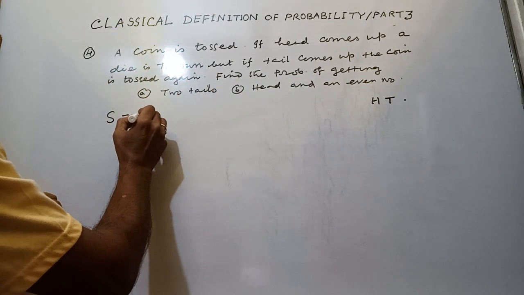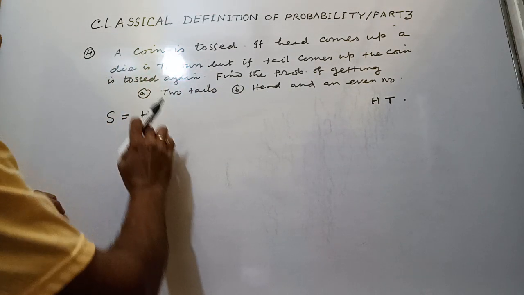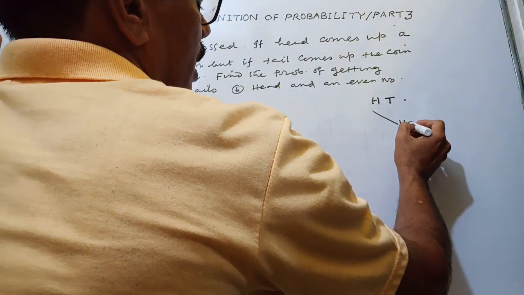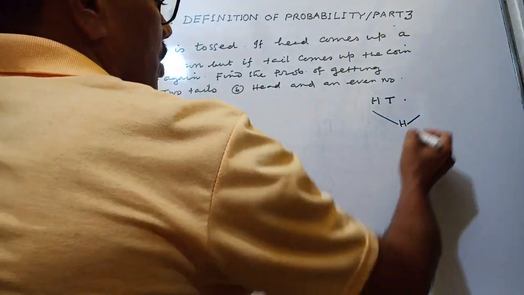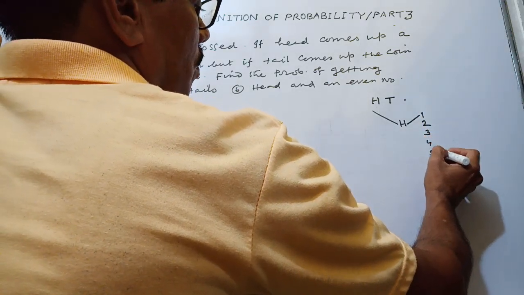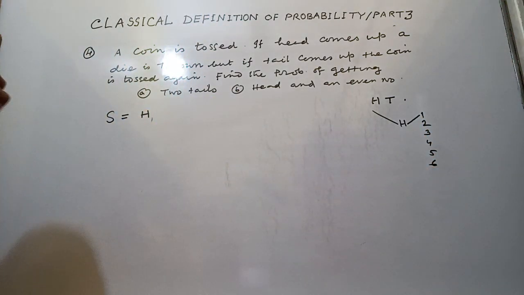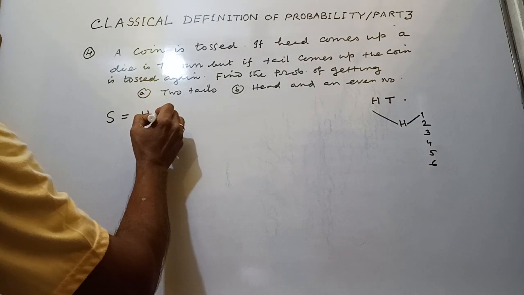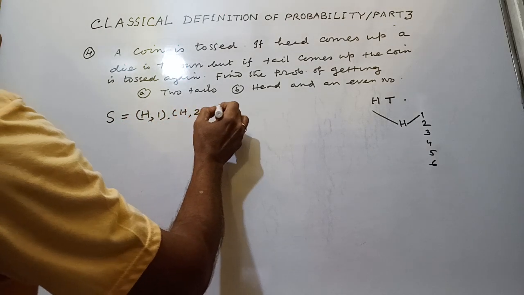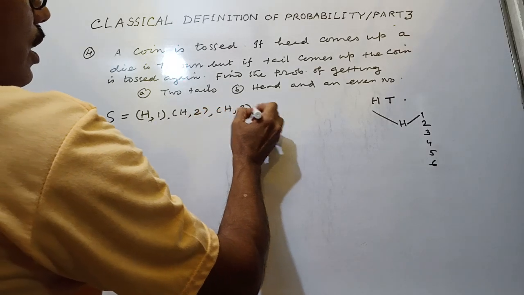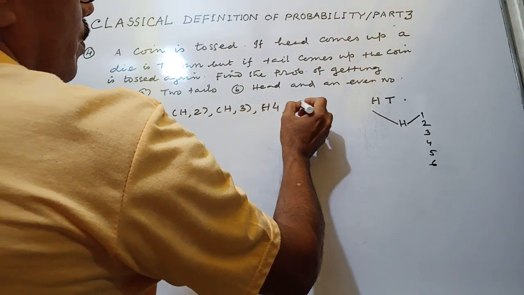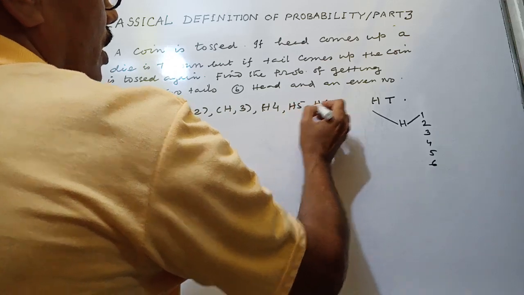Suppose for the coin we are getting head. Then a die is thrown. What are the possible cases for throwing the die? We can get head first, then H1, H2, H3, H4, H5, H6.